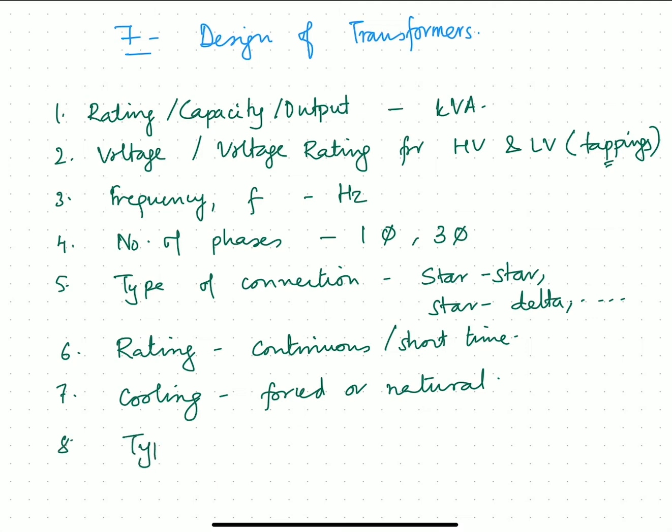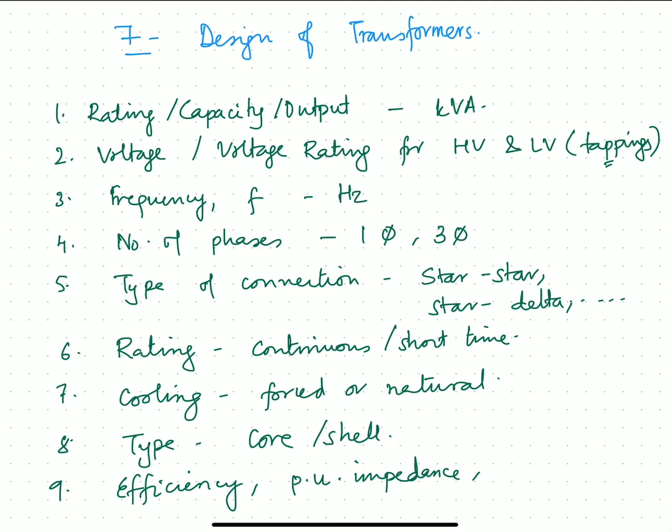The type, whether it is core type or shell type. Then we have the efficiency, per unit impedance, temperature rise, etc. So these are some of the specifications that any designer must keep in mind.